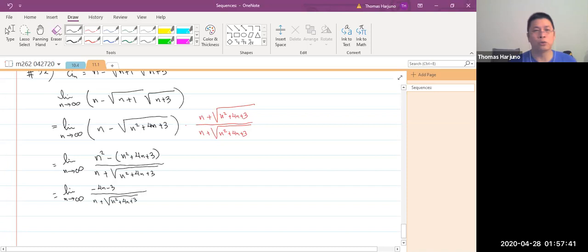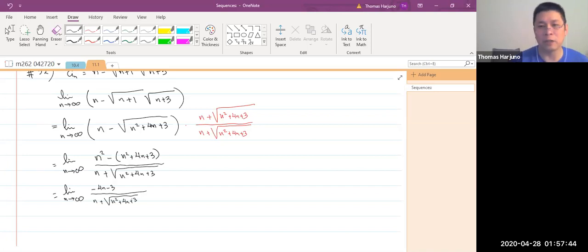Uh-oh, I still don't know what to do here. I cannot just plug in infinity, though. I get infinity over infinity, or negative. What I think I will do is divide the top and the bottom by n.